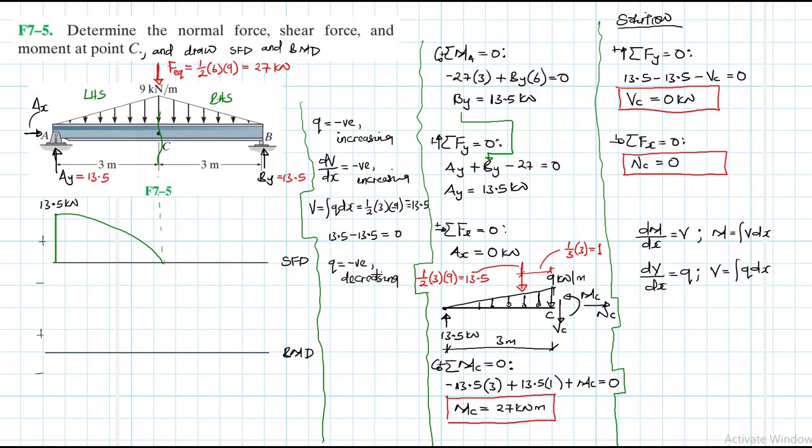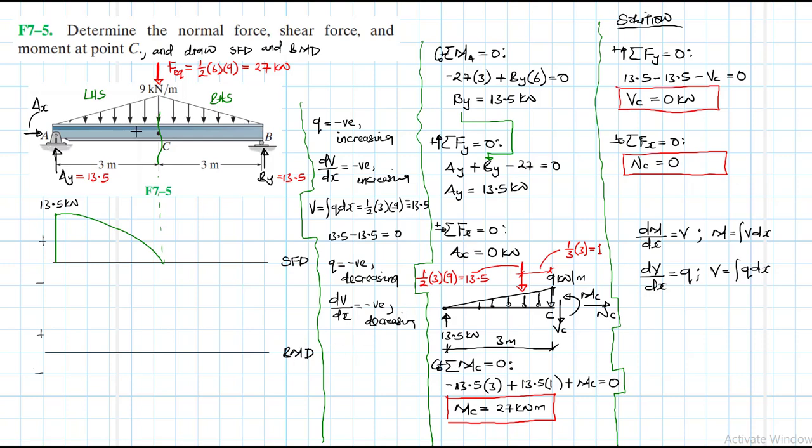This distributed load is negative and decreasing, from negative 9 to 0. So we expect the slope of our shear force diagram, dV/dx, to be negative as well as decreasing, right?